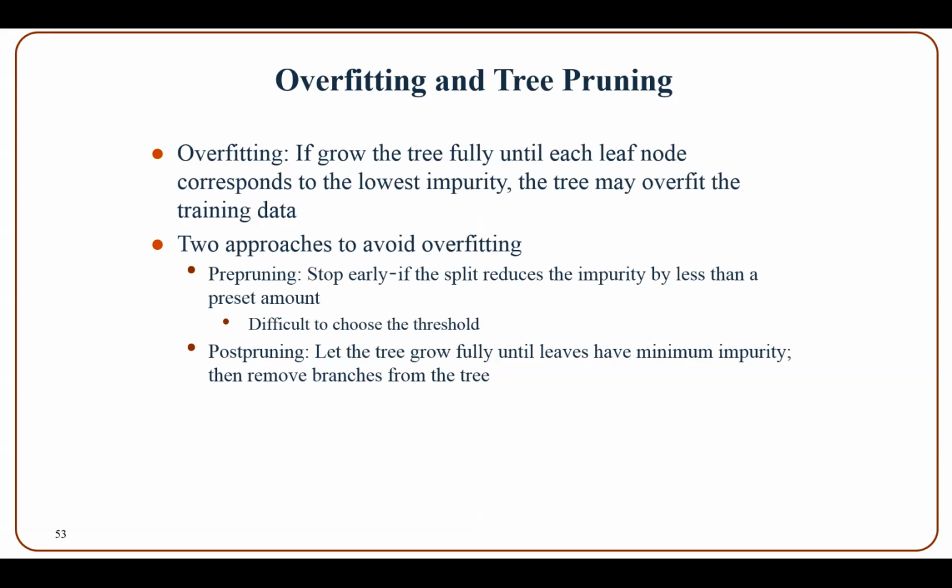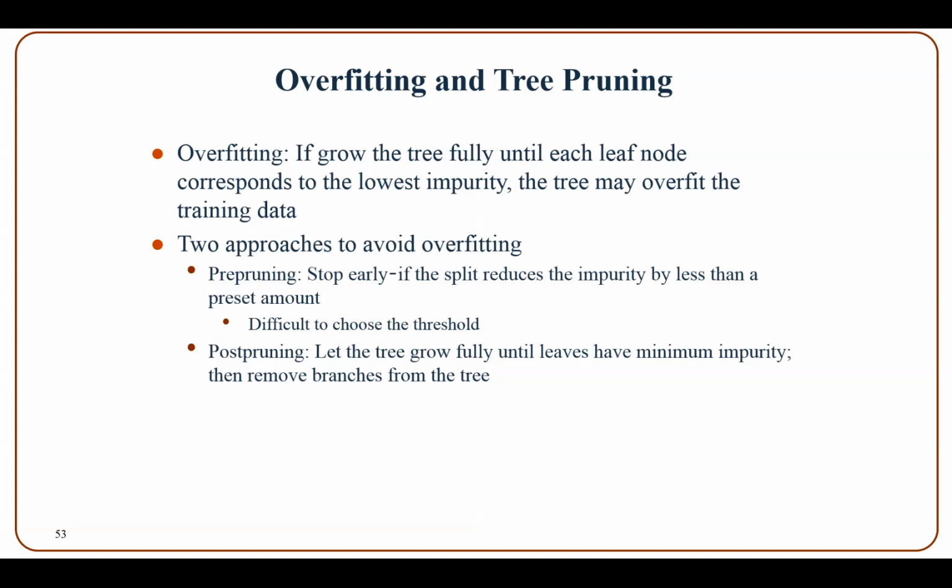Overfitting is a problem if the tree keeps growing fully until each leaf node corresponds to the lowest impurity, then the tree may overfit the training data. This means that the tree may work well with the training data, but performs worse with unknown data. And there are two approaches to avoid overfitting.